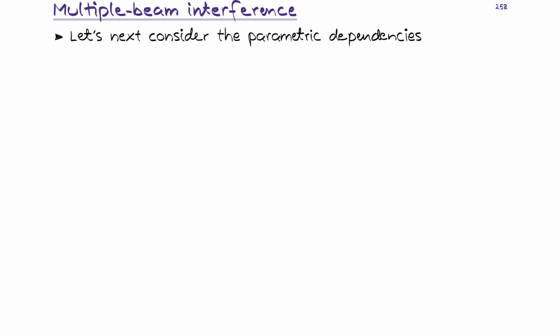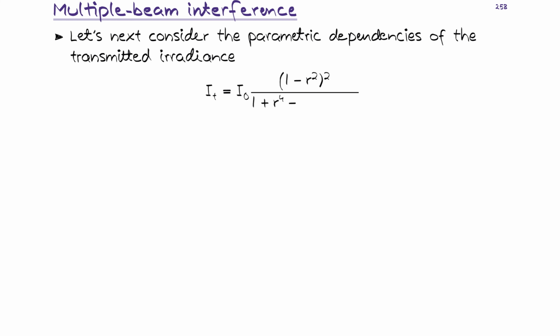And let's now look into the irradiance distribution, what kind of parameters affect it, and how we could modify the irradiance by modifying the parameters. So let's look at the parametric dependencies of IT, the transmitted irradiance. And this was of the form that we had already discovered.